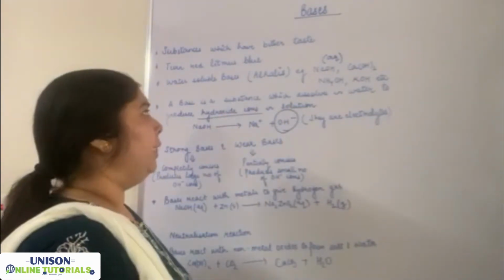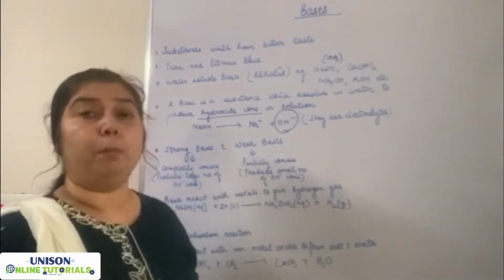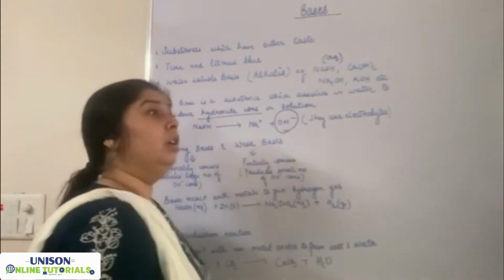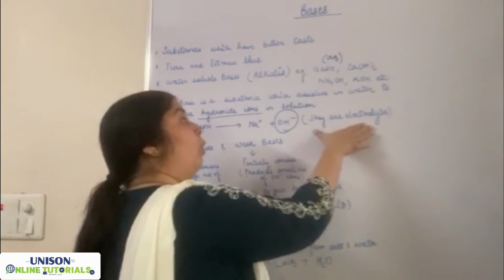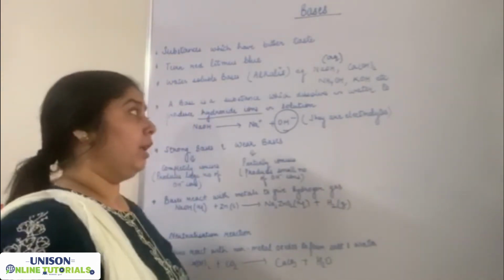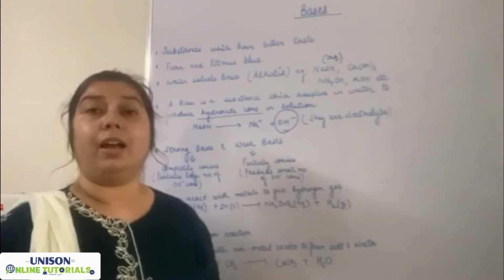So you can say a base shows its property of basicity only when it has which ion? OH negative ion, and hence they are also called what? They are called electrolytes. Electrolytes are the ones which can conduct electricity, and this also we have done.